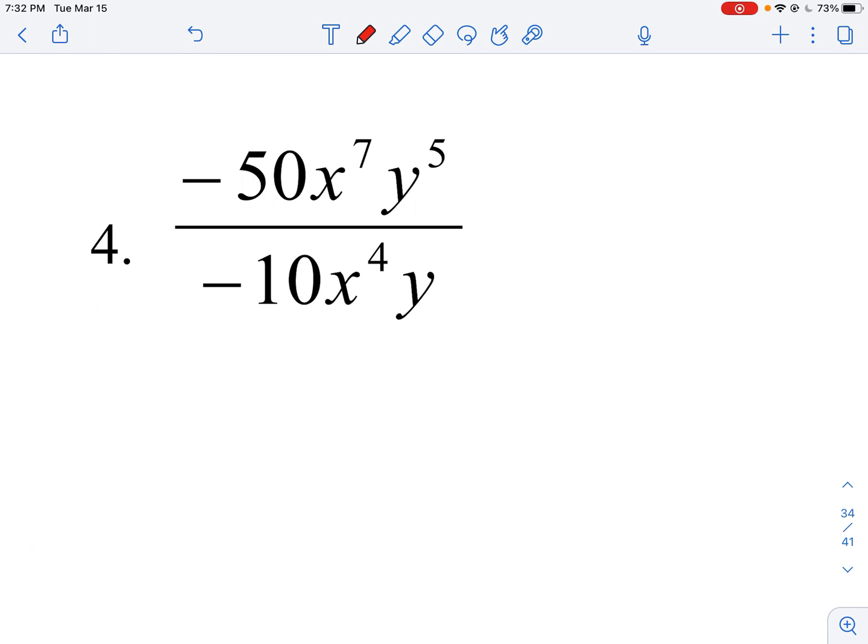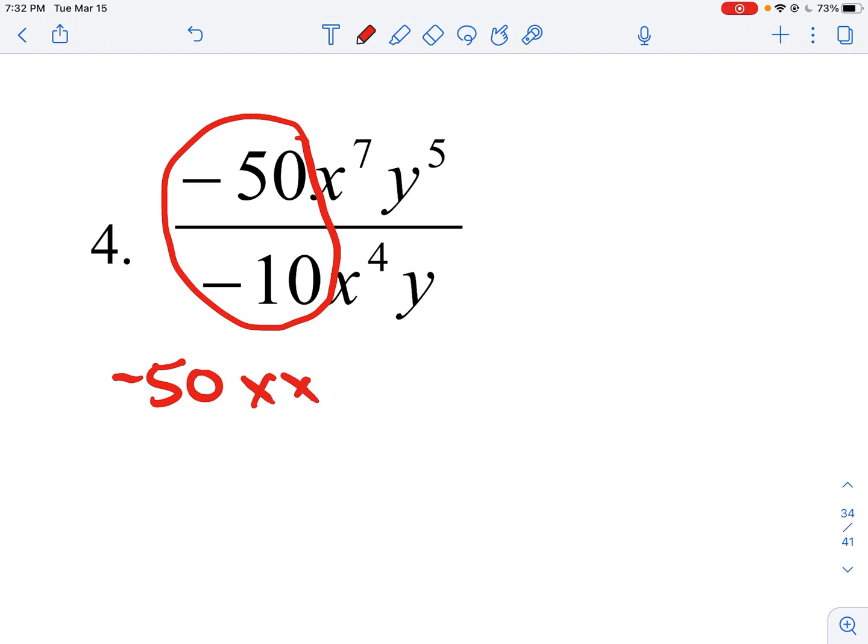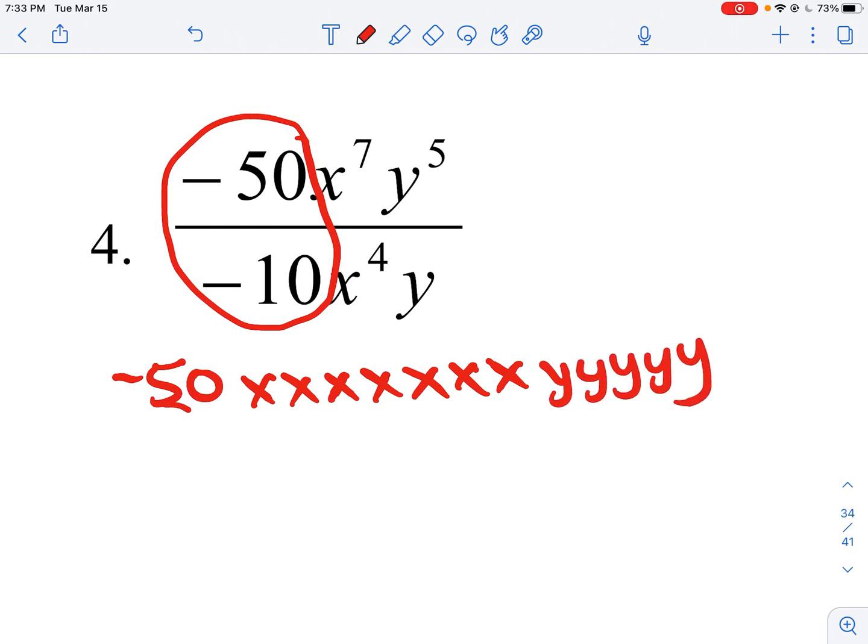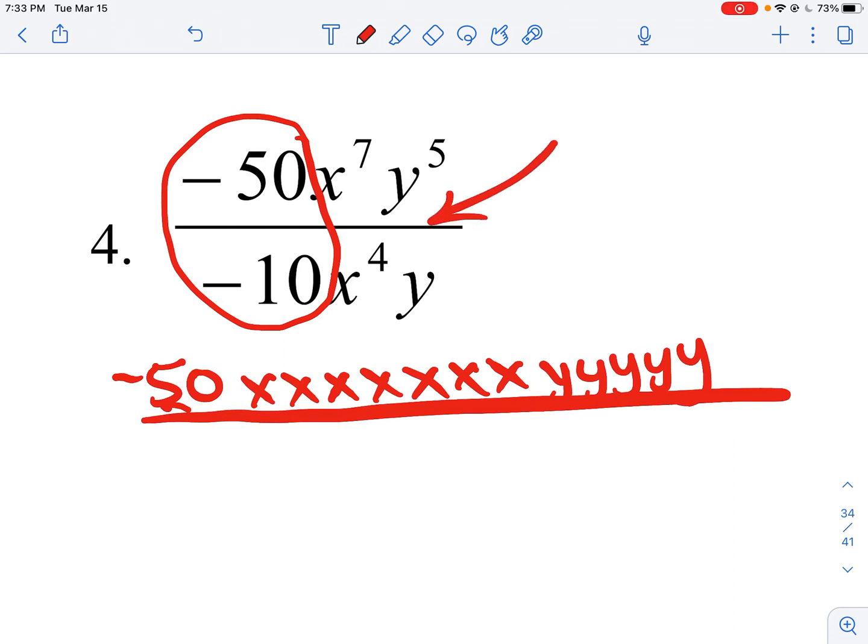So I look at my coefficients first. Look at these. Don't those simplify? Actually, I'll write this out. 1, 2, 3, 4, 5, 6, 7. 1, 2, 3, 4, 5. Okay, this is division. It tells you it's division by having that fraction bar.